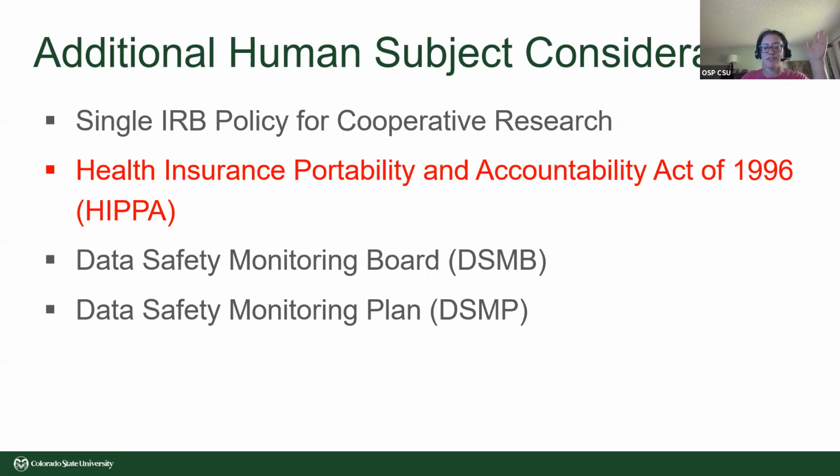HIPAA requires protection of information. It requires confidential handling of protected health information for individuals. So it really limits the use and disclosure of that health information, or PHI. You might have heard that acronym before, PHI.